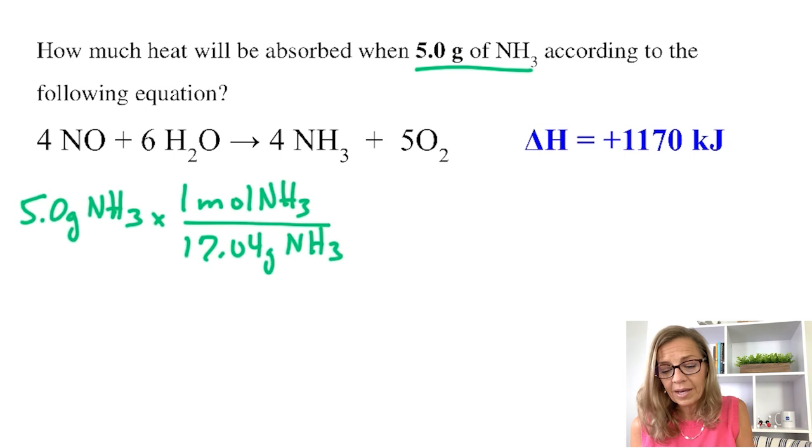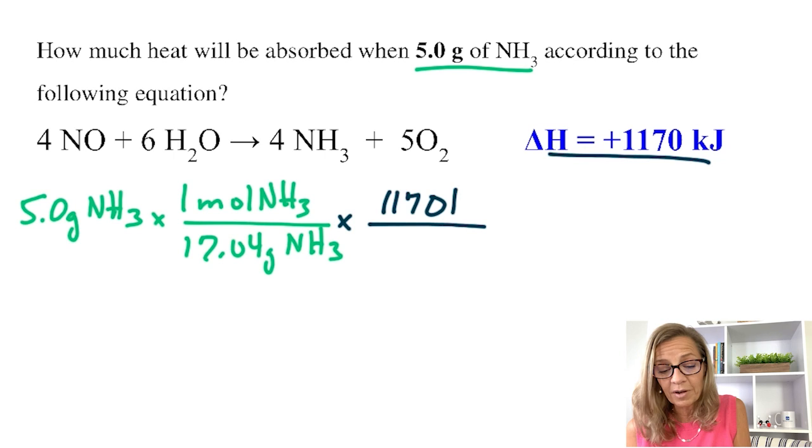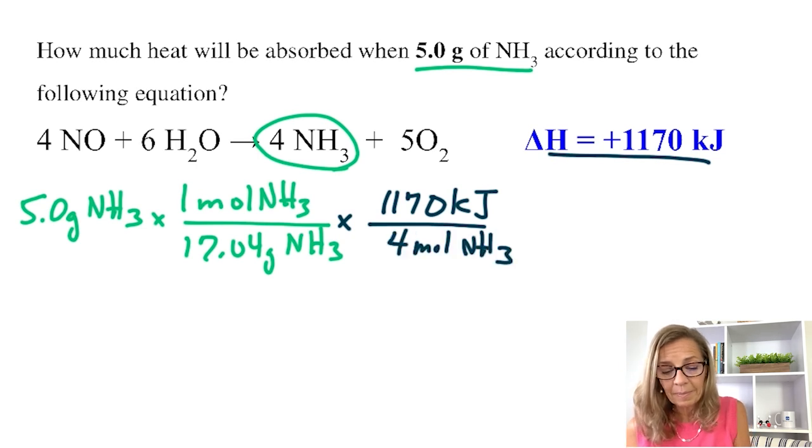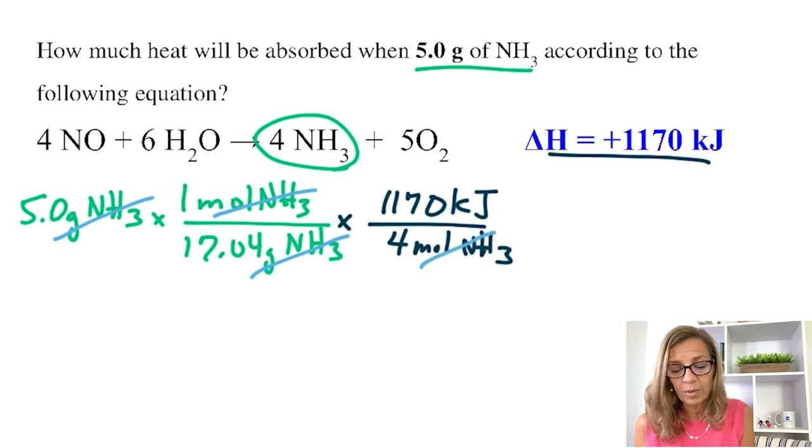Why? Because this enthalpy value is for the number of moles in the reaction. Well, this time I'm talking about ammonia. And so what I'm going to do is use 1170 kilojoules per 4 moles of ammonia. Okay, and then we'll just cancel units, grams, grams, moles, moles, and we're left with kilojoules.